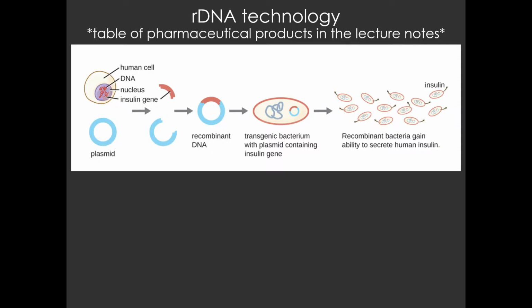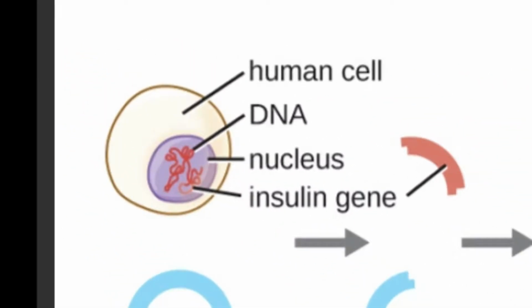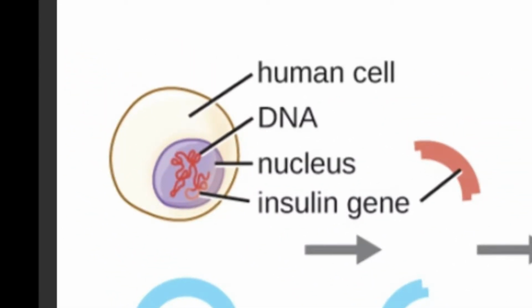So it begins with, in this case, a human cell which has a gene of interest that is insulin. This is an incredibly important pharmaceutical product throughout the entire world for all people who have insulin-dependent diabetes.